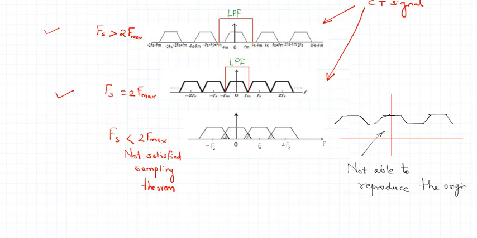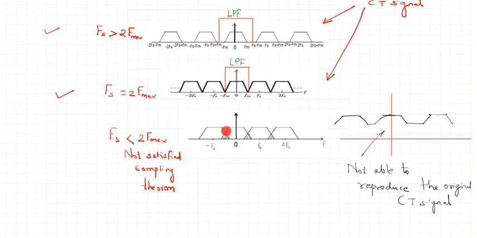And therefore the sampling theorem plays a very important role in the process of sampling. The sampling theorem gives us guidelines on what sampling frequency one should choose while sampling the CT signal. If we choose a wrong sampling frequency, it results in a spectral overlap.